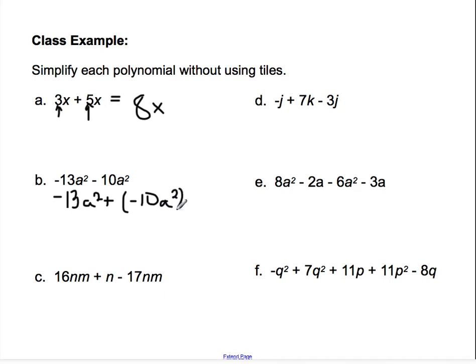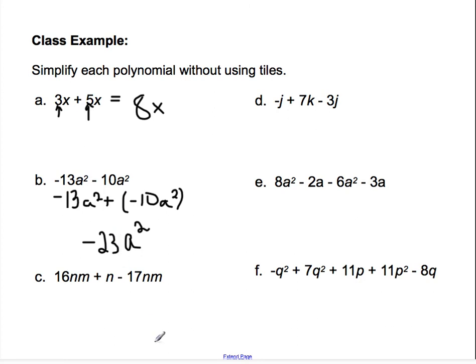So we have negative 13a squared plus negative 10a squared. Since we are adding, we're not changing the variable, the exponent, or that it's an a squared tile. But we are going to say, I have 13 negatives and I'm adding 10 more negatives. That gives me negative 23.